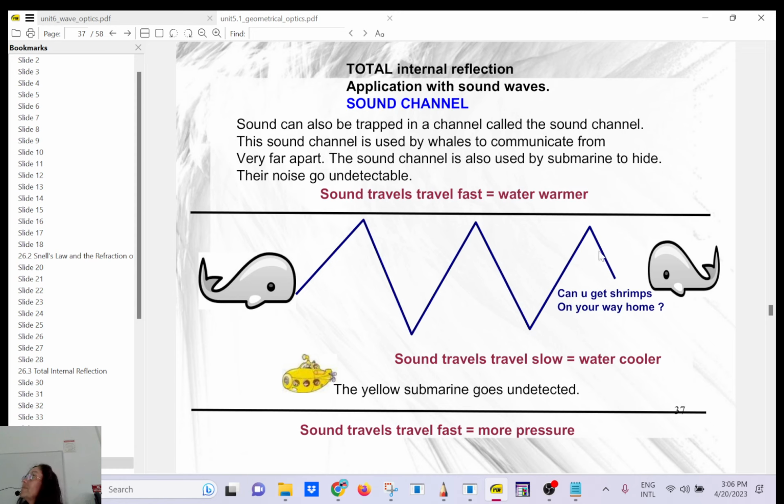Isn't that cool? There is this book called Red October, and there was a great movie too. In the book they talked about how, I think during the Cold War, the submarine learned to travel inside the sound channel.